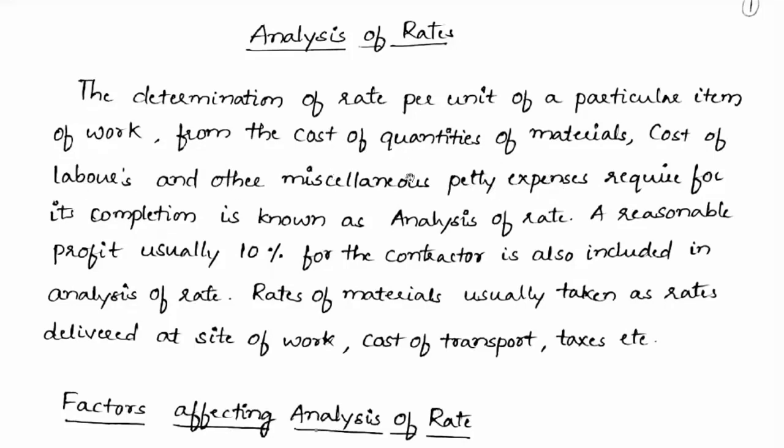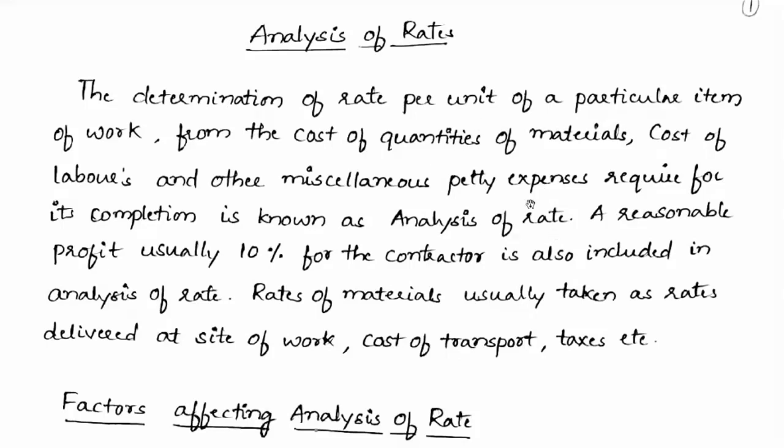Sometimes some charges we cannot calculate, like staging, so for those petty items we add a certain lump sum amount so as to complete that work. The labor rates, material rates, and the miscellaneous petty items rate that we add so as to complete the work is known as analysis of rates or rate analysis.